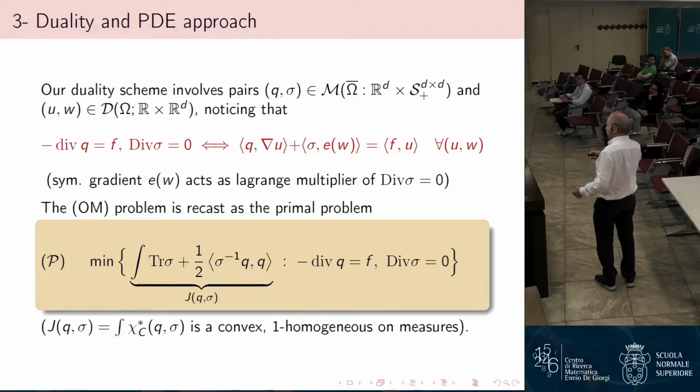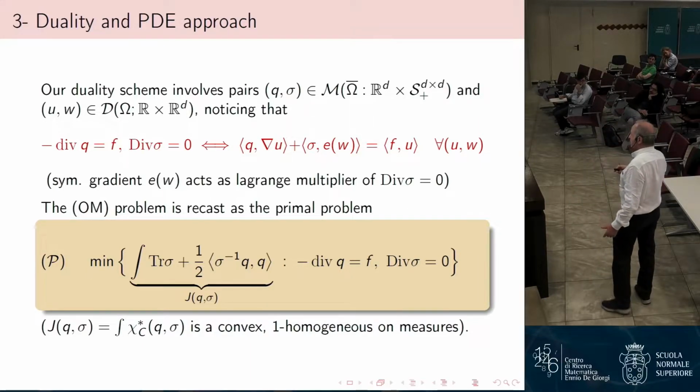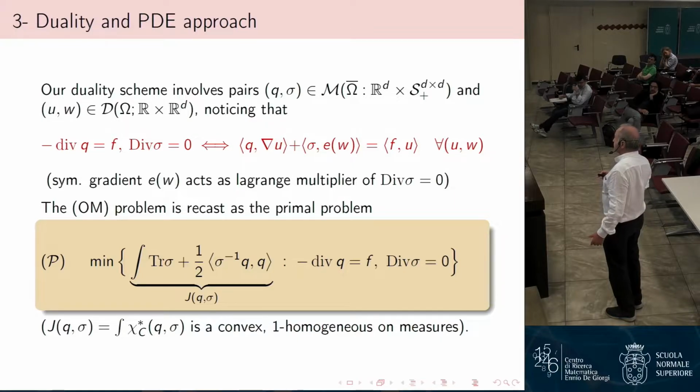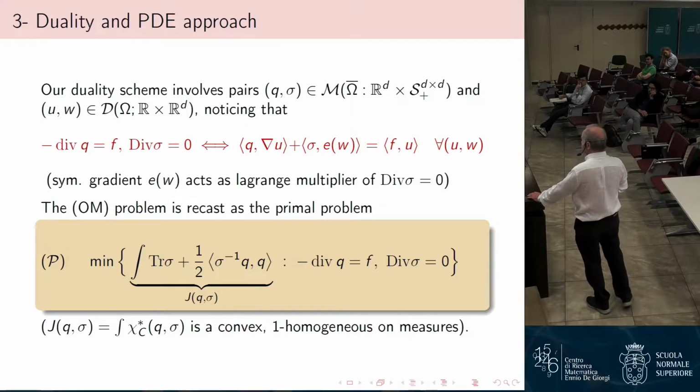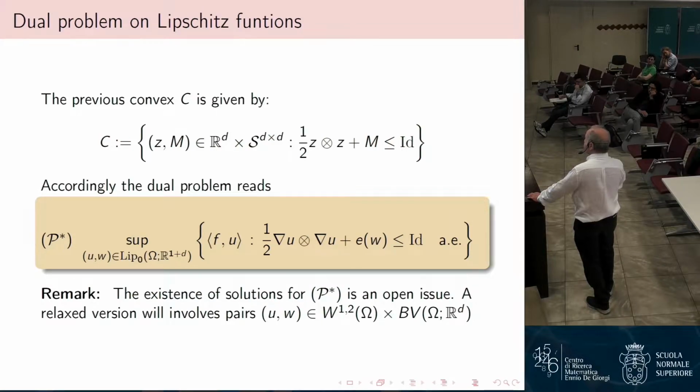So it's just a notation. And so you minimize the convex function on measures with divergence-free condition. Okay, this convex function is one-homogeneous. This is a one-homogeneous integrand, which is the support function of a convex subset. This convex subset is given here.